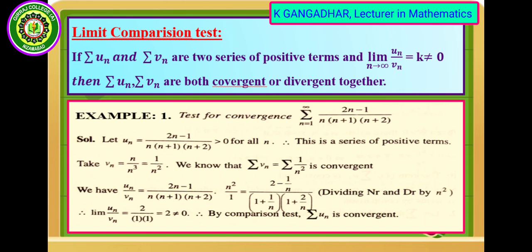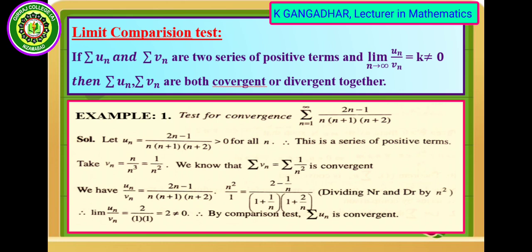Third, the geometric series, of the form sigma r to the power n: r less than 1, series convergent; r greater than or equal to 1, series divergent.